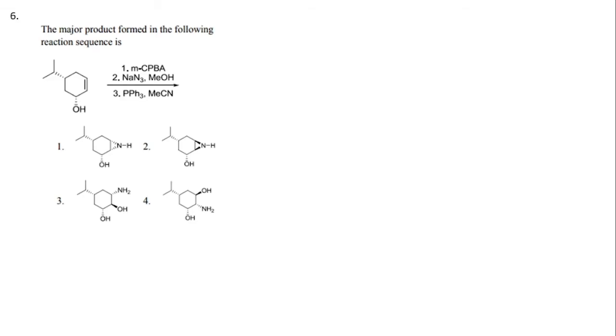Next problem: the major product formed in the following sequence. They are giving this allylic alcohol and reagents: MCPBA, that is metachloroperbenzoic acid, which is acting as the epoxidizing agent, and then sodium azide and methanol, and the third reagent is PPh3, that is triphenylphosphine, and methanol.